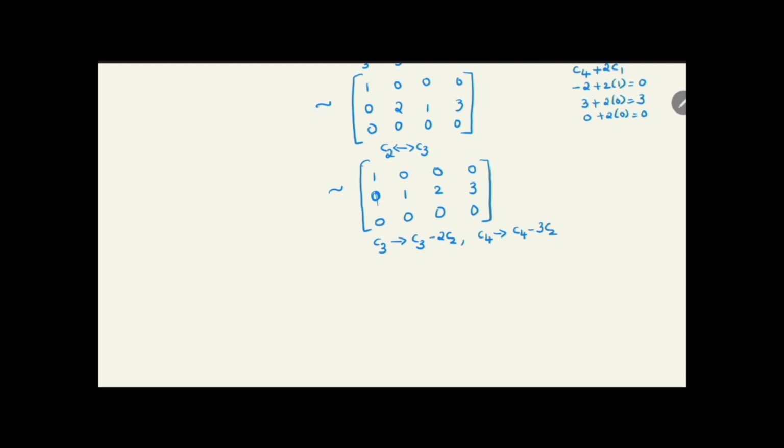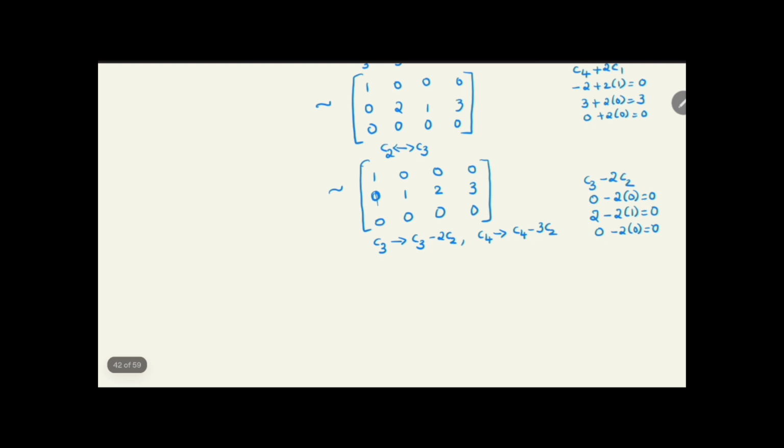After performing this, if you want, I will do it here. C3 minus 2C2. What is the first element of C3? It is 0 minus 2 into 0, which is 0. The second element of C3 is 2 minus 2 into 1, and 2 minus 2 is 0. The third element of C3 is 0 minus 2 into 0, which is 0.